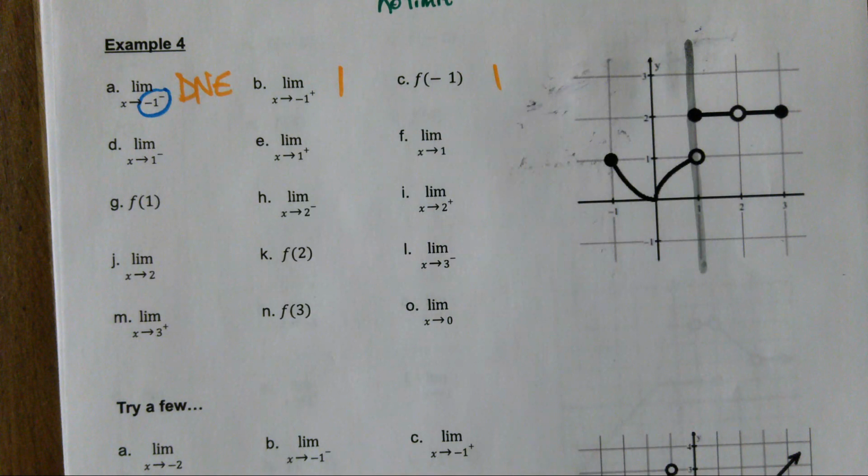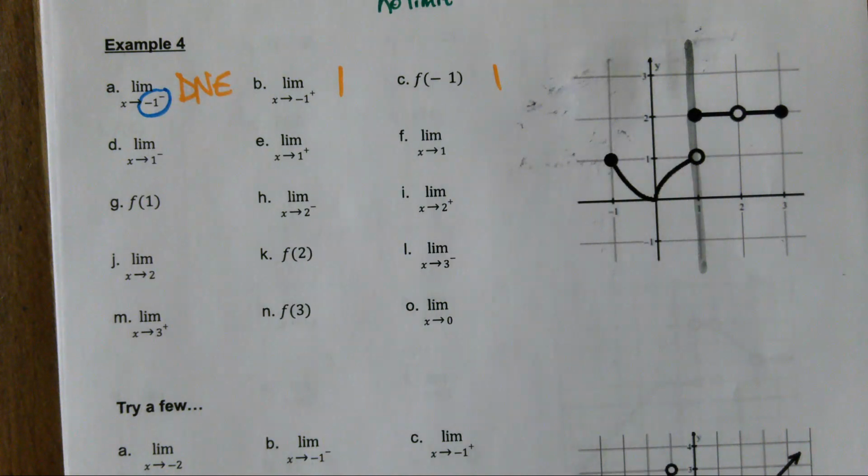A and B have to be the same for C to have, for it to have a limit. It's a little confusing. I didn't ask what the limit was as x approaches -1.